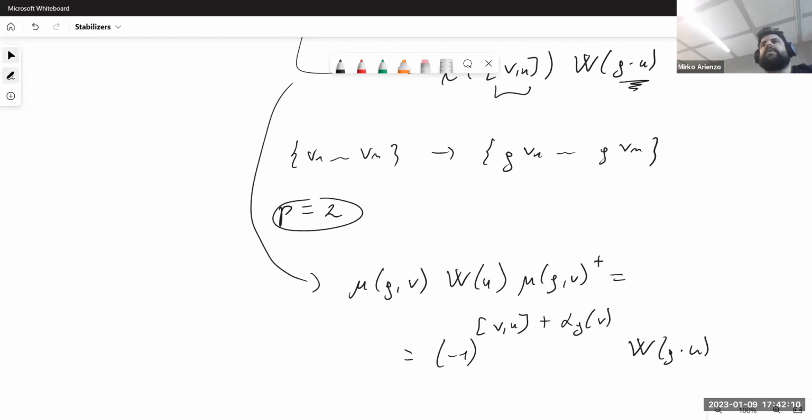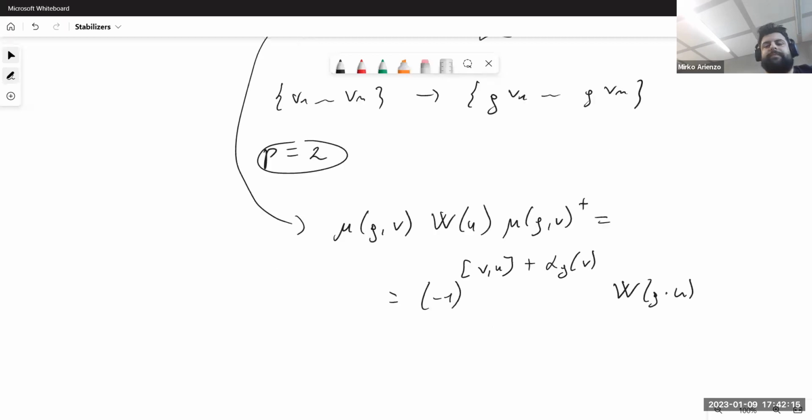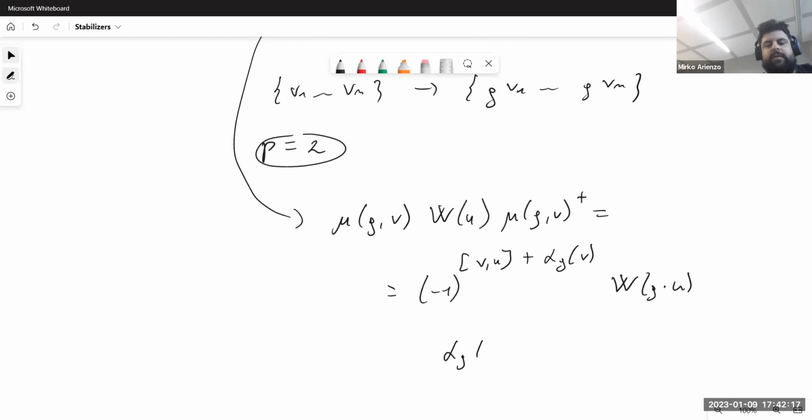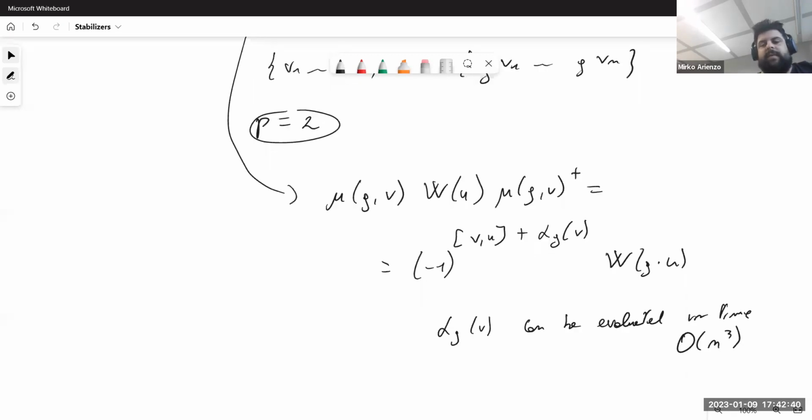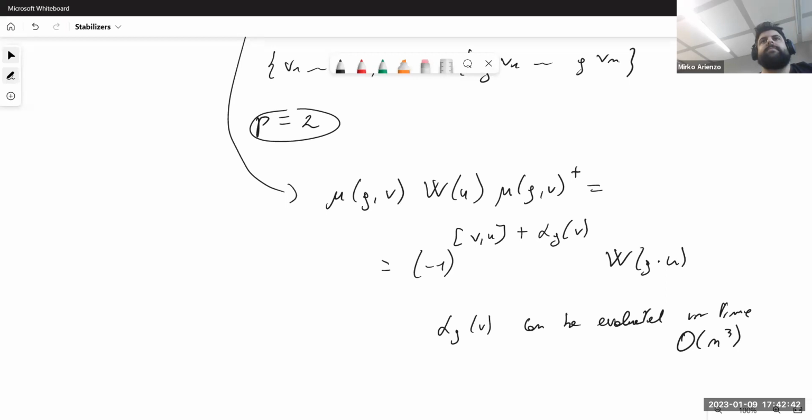This function can be evaluated in time O of n cubed. So in the qubit case, this update is slightly less efficient, one order less efficient. But this still can be done.